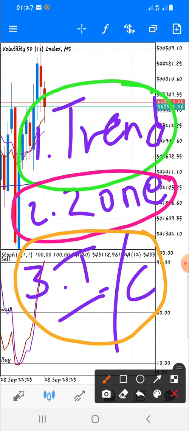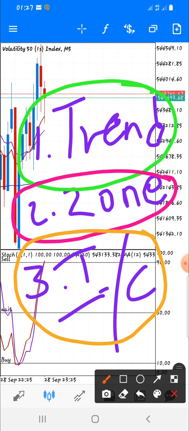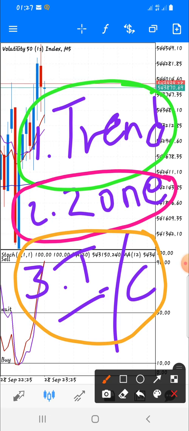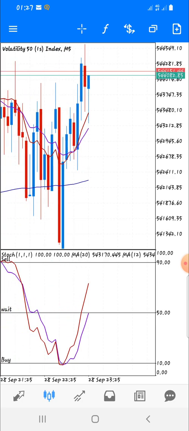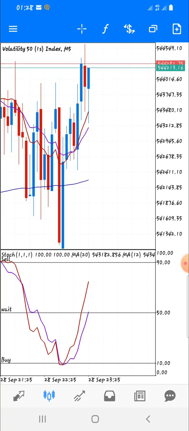So in this case, I will just introduce to you the three basic steps you first need to see whenever you want to trade volatile indices like the V50. First things first, I will use my cell phone for today because about 70% of traders use their cell phones to trade.